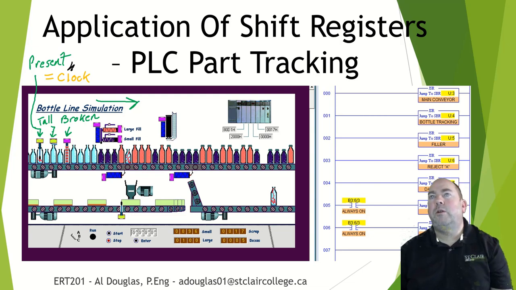Okay? So we're going to set up a bunch of registers here, and we are going to track ones and zeros. Basically, each spot here represents one spot on this line, or one bottle, basically.